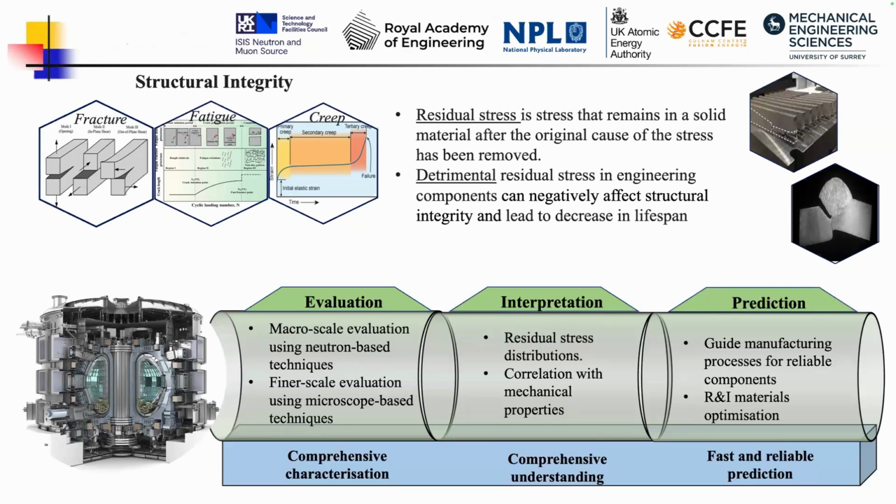Ultimately, we want to optimize the materials processing and manufacturing to reduce the amount of detrimental residual stress, and therefore extend the lifetime of materials in service. But of course, the primary focus here is the UK's first nuclear fusion reactor and power plant.